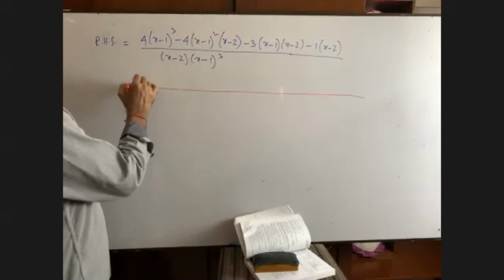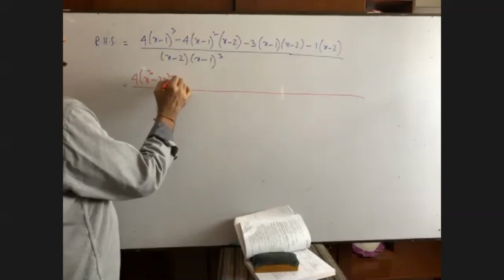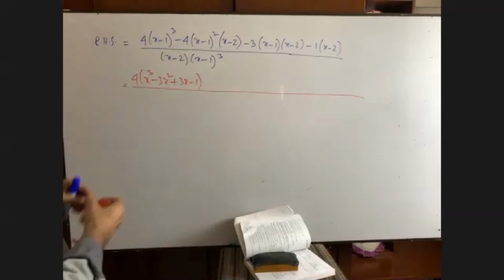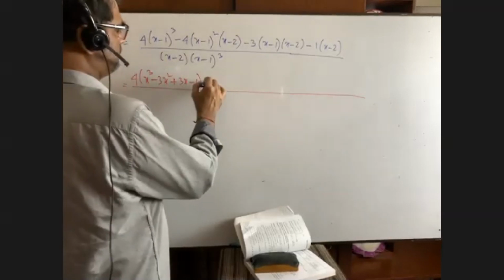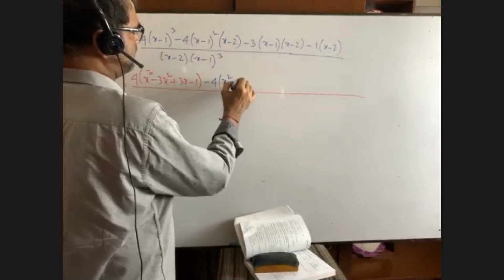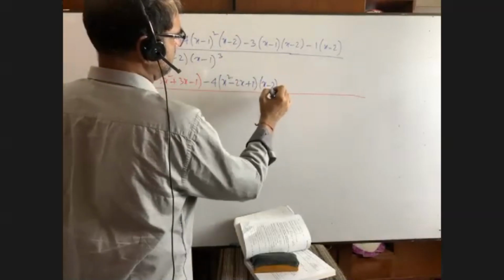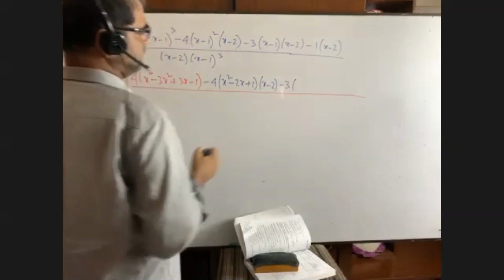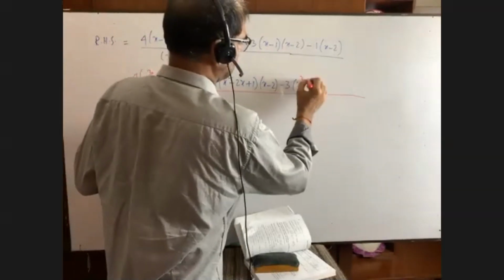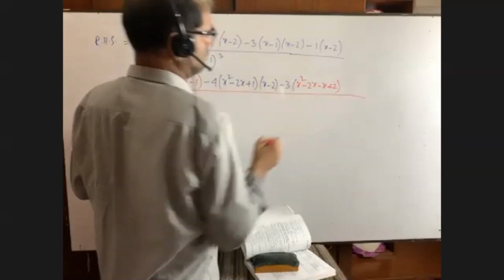It is 4 into x cube minus 3x square plus 3x minus 1, right? Then minus 4 into, you multiply it, x square minus 2x plus 1 into x minus 2 minus 3. Then it will be x square minus 2x minus x plus 2.